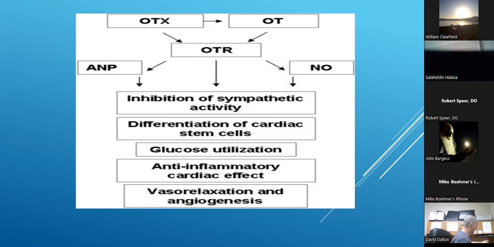We need to have heart muscle instead of fibrotic tissue. And we need this anti-inflammatory, antioxidant effect of oxytocin, definitely, to prevent or inhibit the ischemic reperfusion injury. And we need more blood flow and vasodilation, and we need to stimulate the blood vessels and angiogenesis. And all of this oxytocin can definitely help.